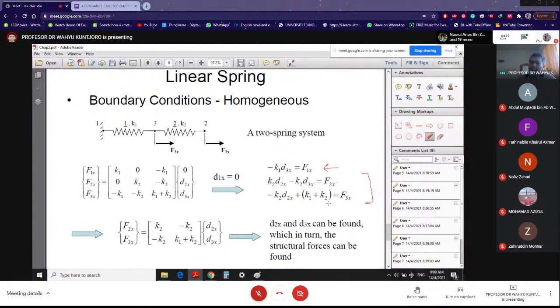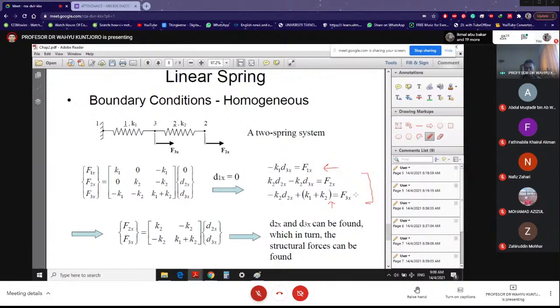The reason is because f2x and f3x, you know. d2x, d3x, unknown, of course. Don't forget that we have actually d3x over there. I forgot to put it there, but there is d3x over here based on this matrix. So you are able to solve this equation.